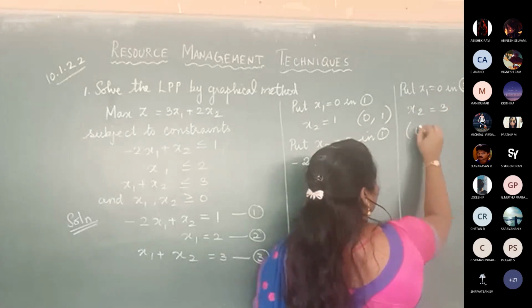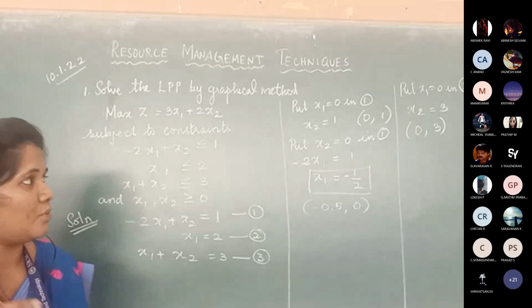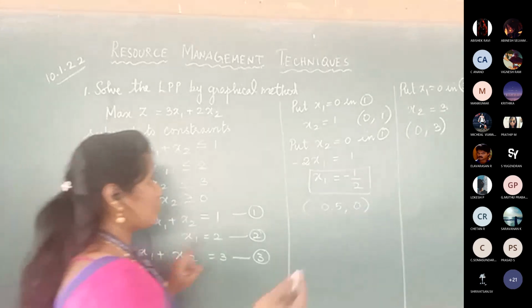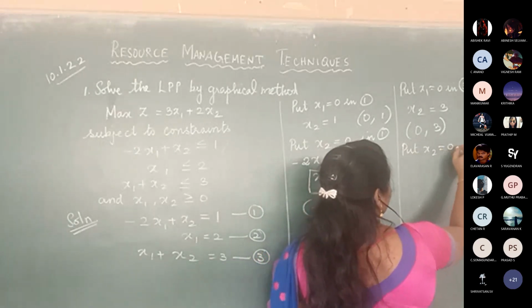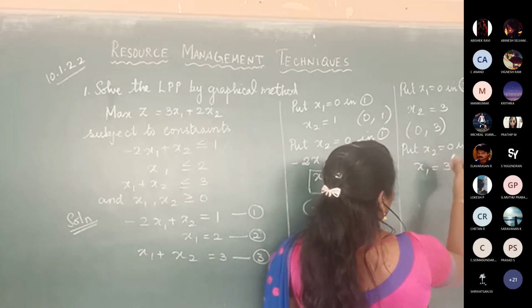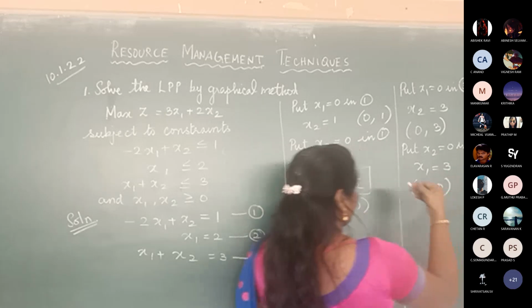So this point will become (0, 3). Similarly, when you put x2 is equal to 0 in your third equation, x1 is equal to 3. So this point will become (3, 0).